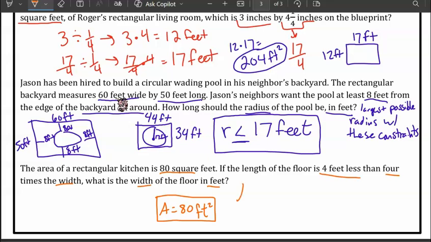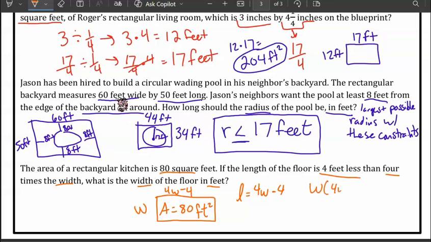It says the length is 4 less than 4 times the width: 4W minus 4. We find the area of this, set equal to 80. We solve for W.